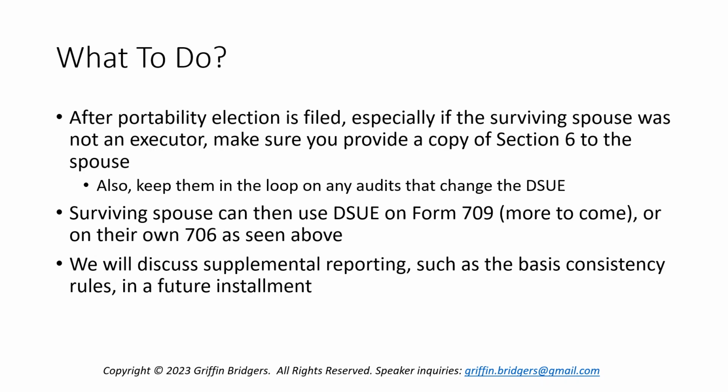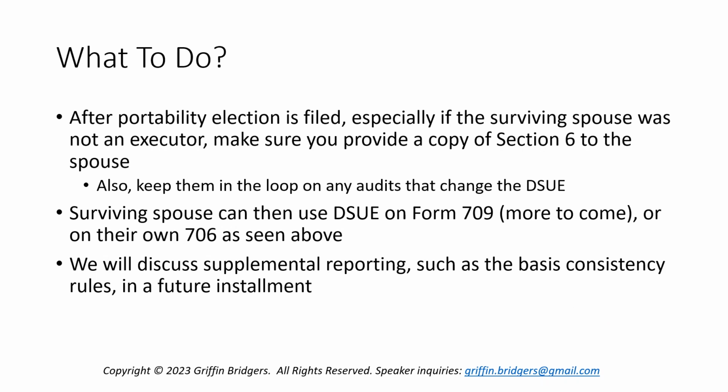So, what should you do once this 706 is filed and you've made the portability election? Well, record keeping is paramount. Make sure that you provide a copy, at least, of that Part 6 to the surviving spouse so they know how much unused exclusion they have available to them.